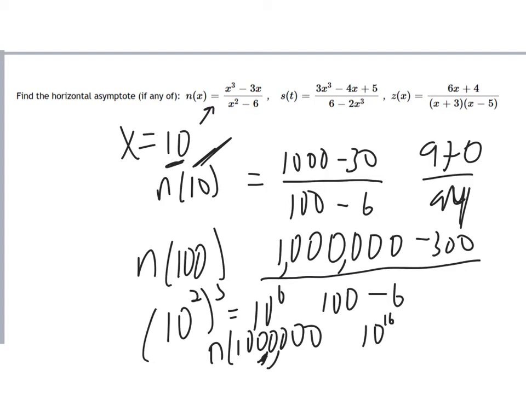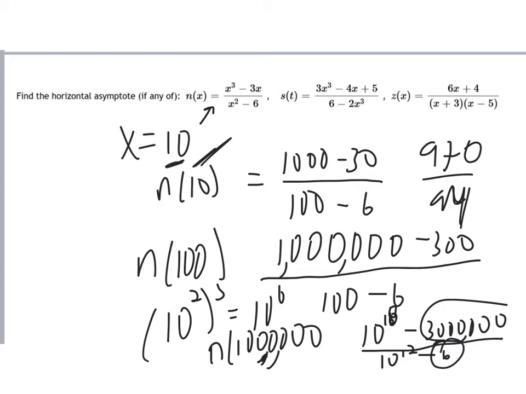Because you multiply 10 to the 6th raised to the 3rd is 10 to the 18th, minus 3 million over, let's see, 1,000,000 squared is 10 to the 12th, minus 6. In the long run, the 3 million and the 6 just don't matter. Just like the 30 and the 6 didn't matter all that much, really. The 300 and the 94, those just aren't going to matter that much.